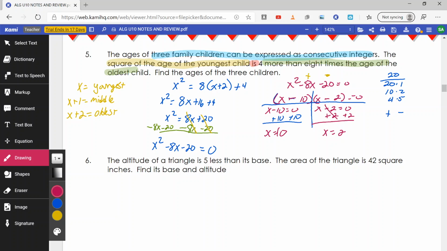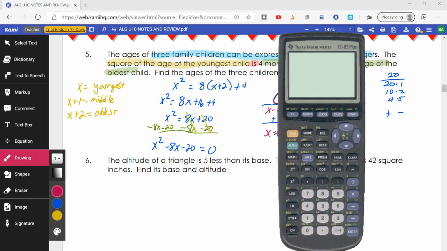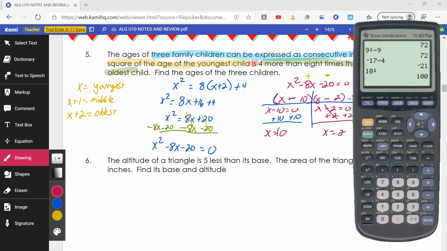If I plug in 10, 10 squared gives me 100. On the other side, 8 times 10 plus 2, plus 4, also gives me 100. So 10 works, and let's see if 2 works.